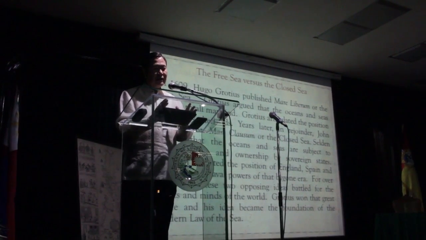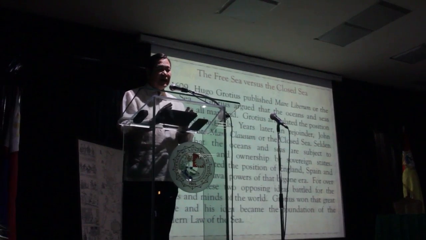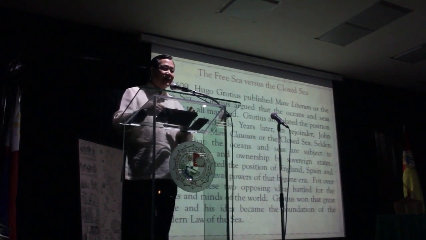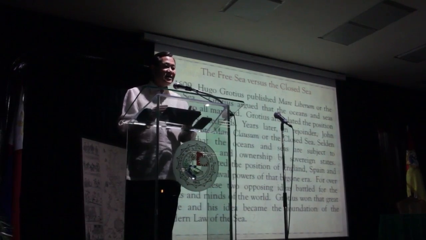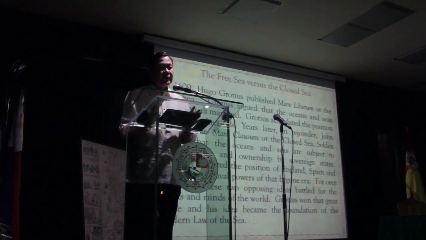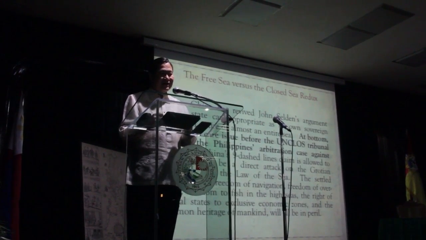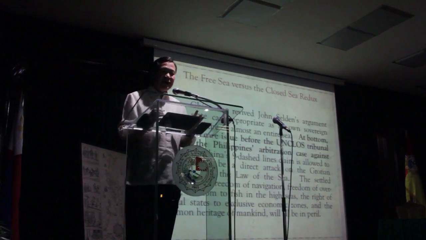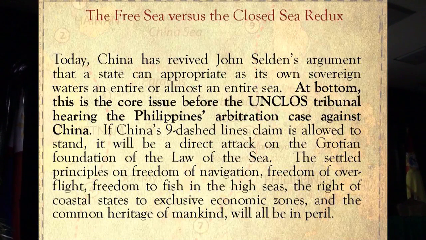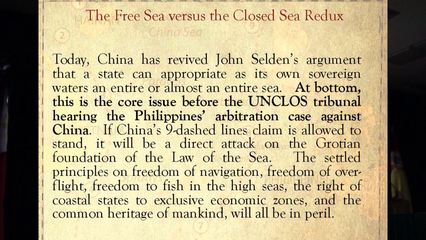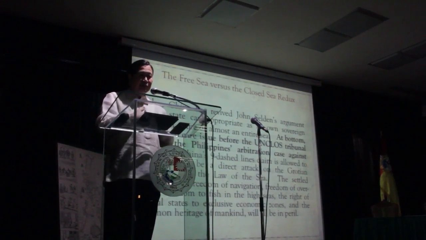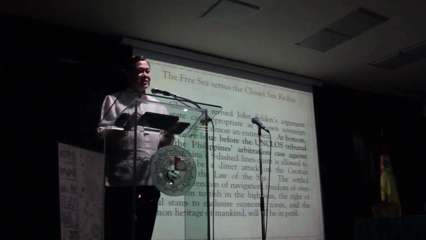What Grotius wrote became the foundation of the law of the sea, and because of his other writings, like his writings on the laws of war, he is called the father of international law. Now, China is resurrecting the debate. 300 years later, China is quoting John Selden to argue that China can claim the entire South China Sea. That debate is long over. We now have UNCLOS. You cannot own an entire sea. You can only claim 12, 200, 150 additional nautical miles.